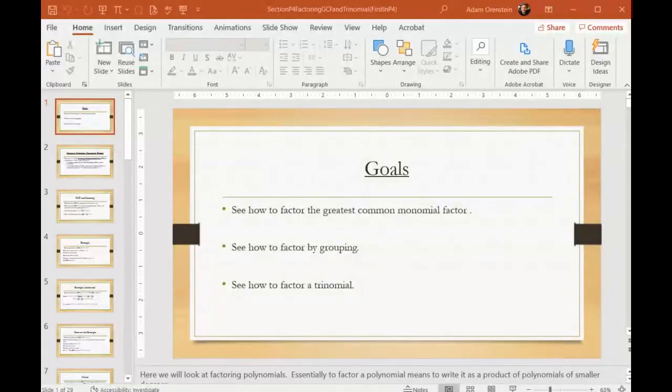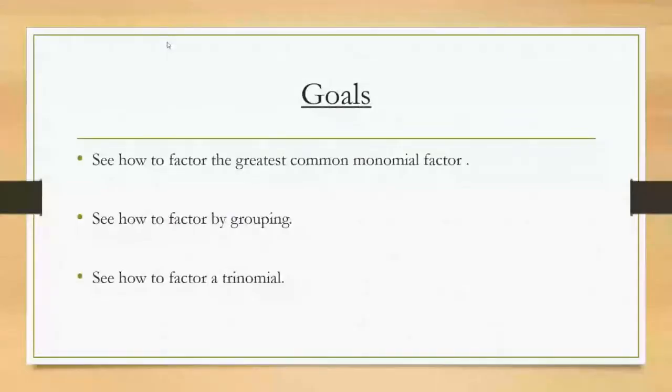So we're going to look at factoring here. Now, factoring polynomials is almost like the opposite of polynomial multiplication. When you multiply two polynomials, you're combining them to make a polynomial of larger degree.